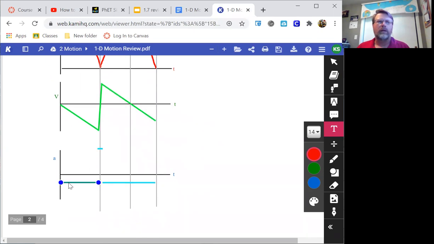Now, when you get to the bottom, the entire time it's in the air, any object in the air on Earth should be pretty close to negative 9.8 meters per second squared as your acceleration. Once it hits the ground, we're going to have some unknown acceleration that's going to be super big. Once again, we don't have the numbers, but there's going to be some big acceleration right at that impact point.